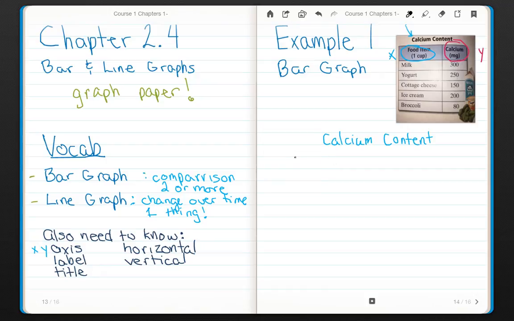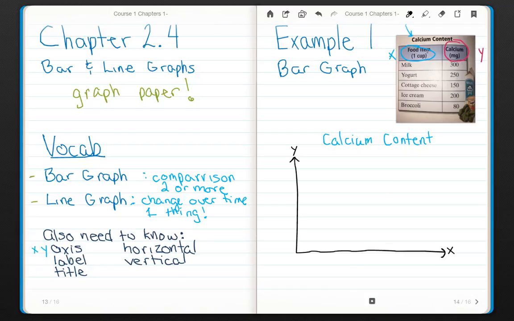Well, I need an x and y axis. Now, normally you would be doing this on graph paper, so yours would be very straight and neat. So the y-axis is the vertical axis. The x-axis is the horizontal. If you're not 100% comfortable with those, go ahead and label them as x and y until you just know automatically that those are the x and y axes.